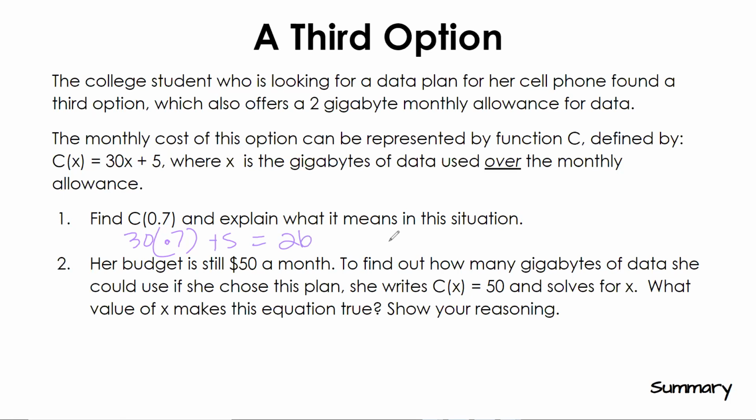That means that at 7 gigabytes, how much does it cost? 26. Okay. If you can do this, then you should be okay tomorrow. It's over function notation. All right.